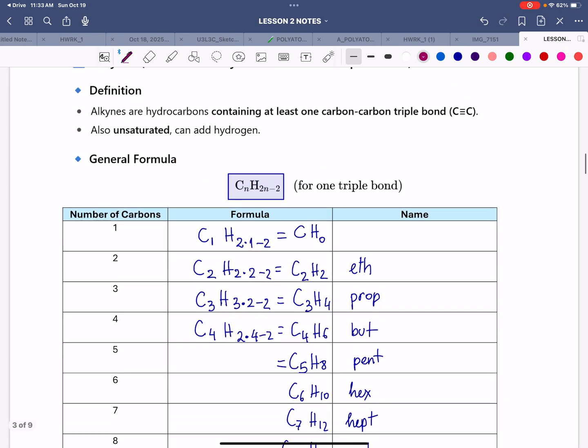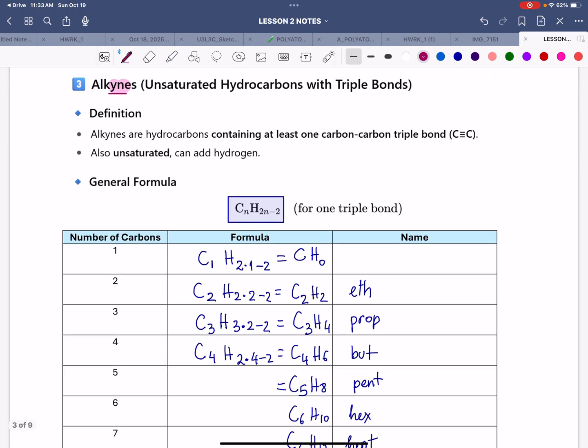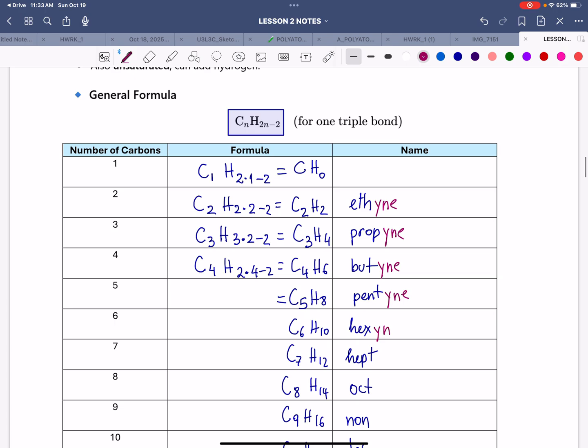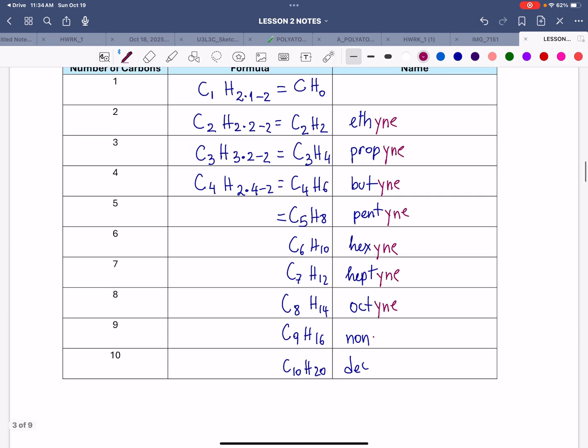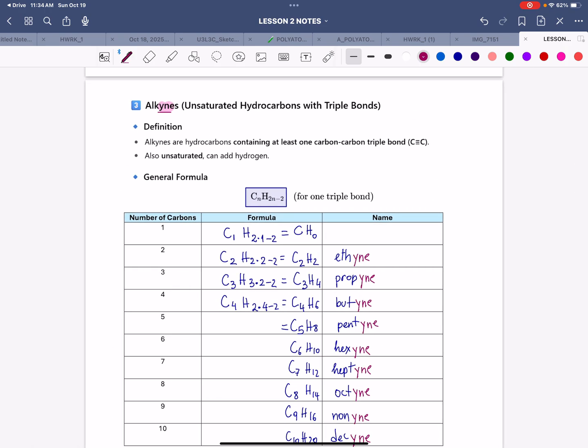And lastly, we're going to add the ending of this group of hydrocarbons, the yne group. So we're going to say this will be ethyne, propyne, butyne, pentyne, hexyne, heptyne, octyne, nonyne, and decyne. And this is how we name this group of hydrocarbons.